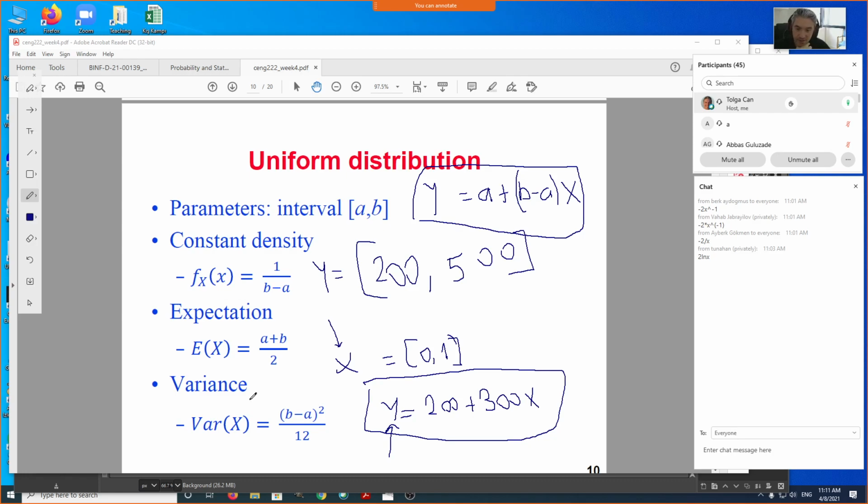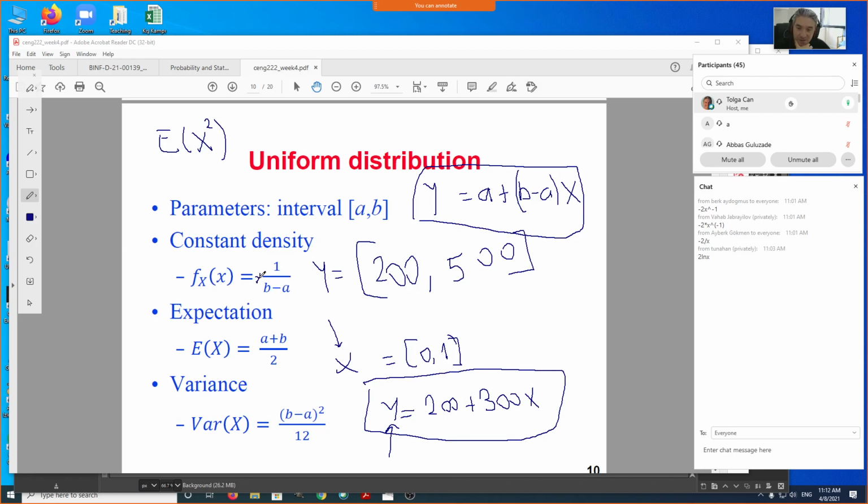And its variance, you may compute by finding the expected value of x squared, by integrating f(x) dx, which is 1 over (b minus a).